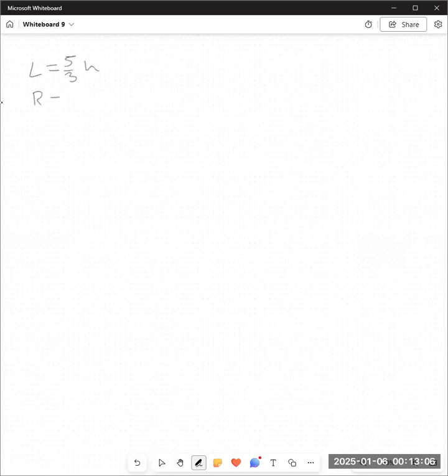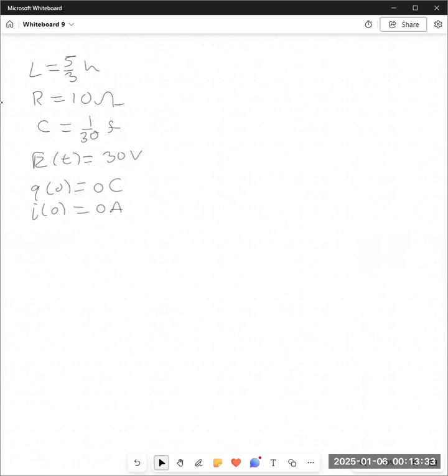Our resistance is equal to 10 ohms. C, our capacitance, is 1/30th of a farad, and our E of t is equal to 30 volts. Initial charge is equal to 0 coulombs, and initial current is equal to 0 amps.